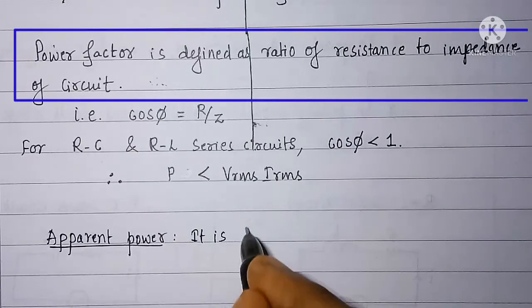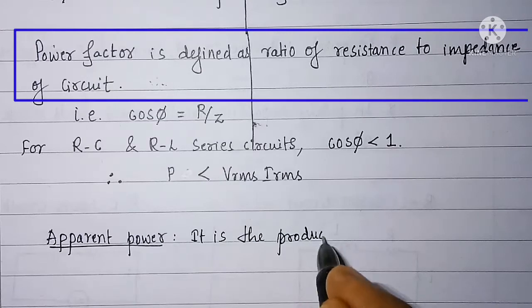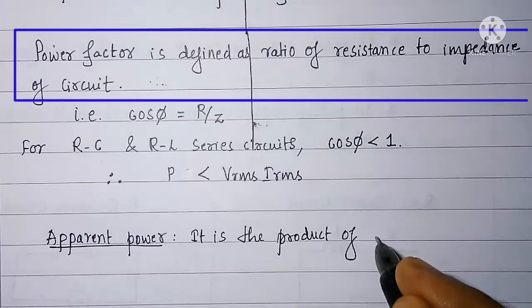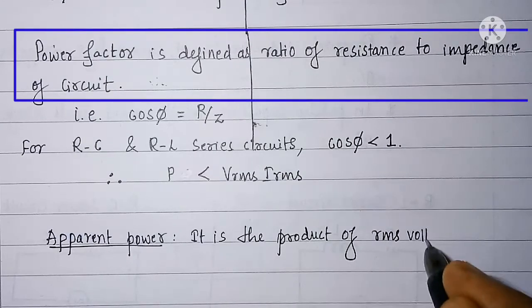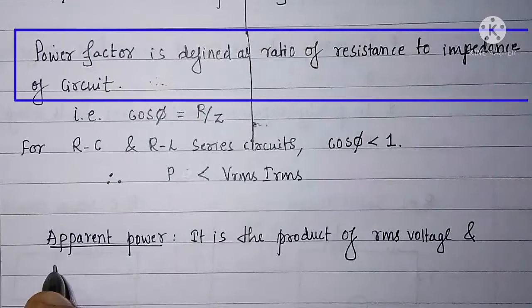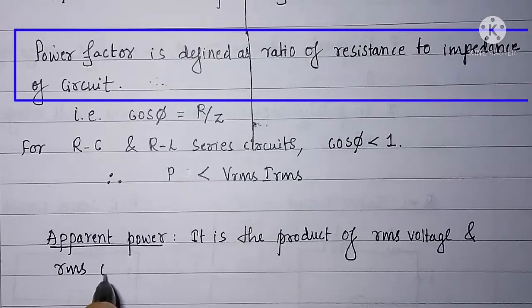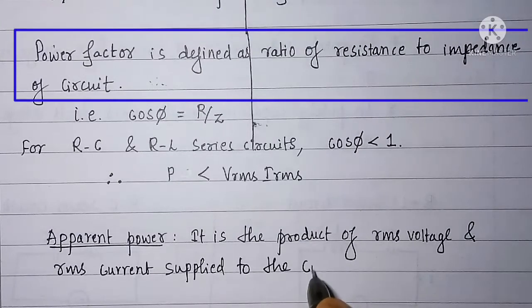It is the product of RMS voltage and RMS current supplied to the circuit.